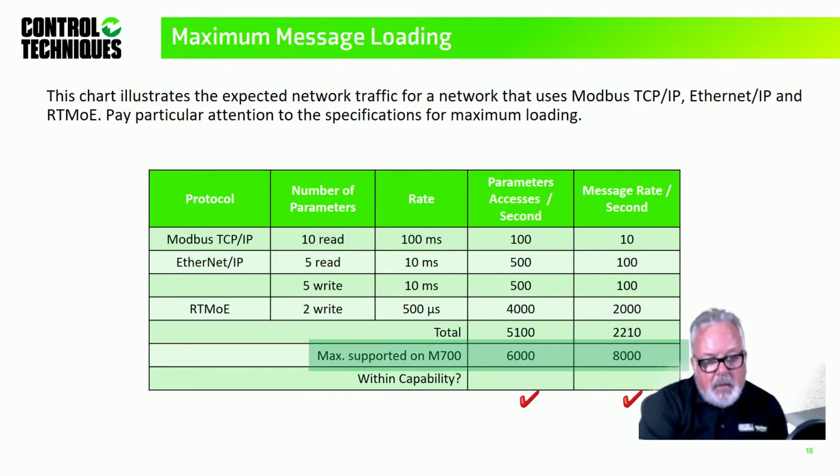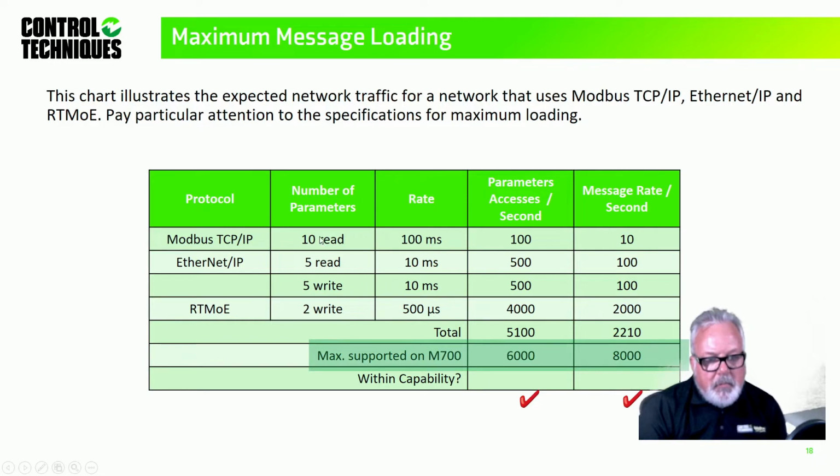So in theory, I could have all 4 protocols running simultaneously. Is that a good idea? Yeah, maybe not. But the fact is that you could do that. So this is just an example of Modbus TCP, Ethernet IP, and RTMoE, all 3 active protocols on the same switch.